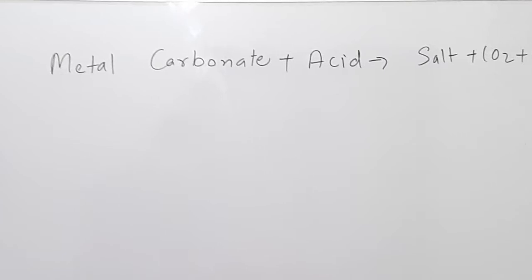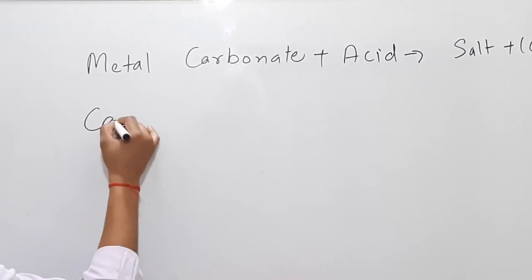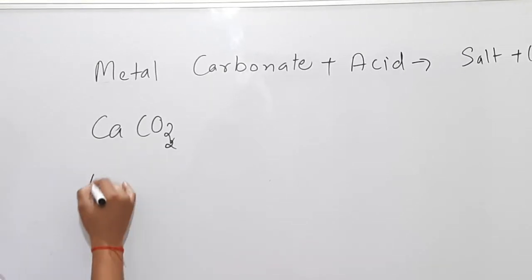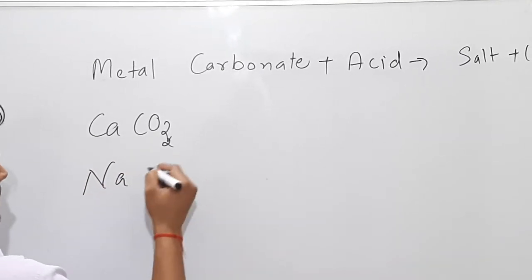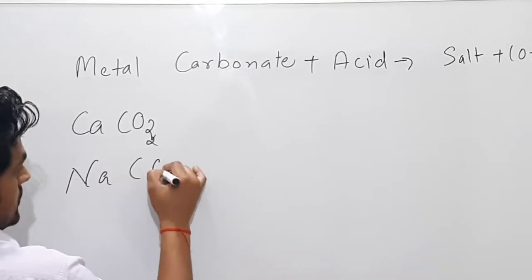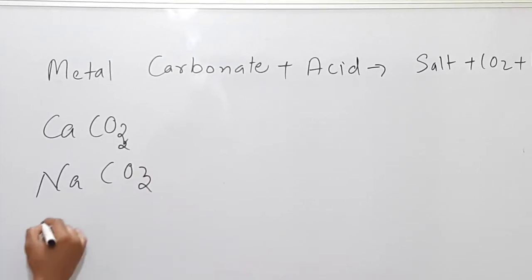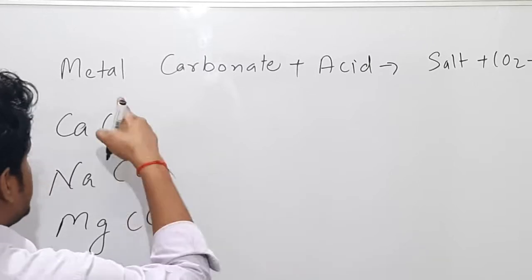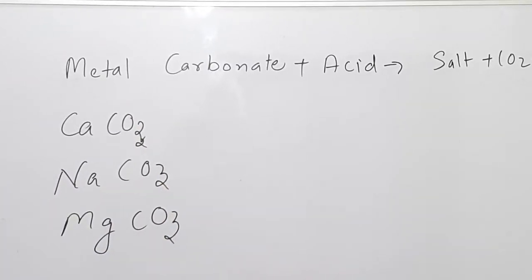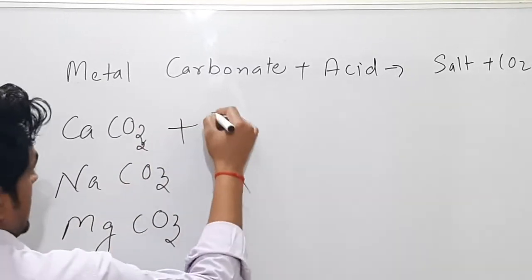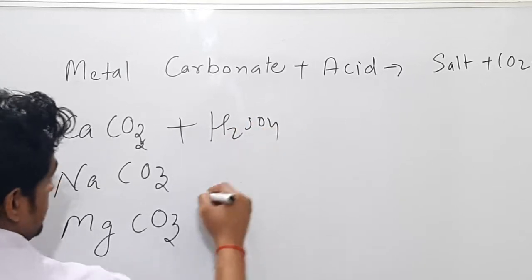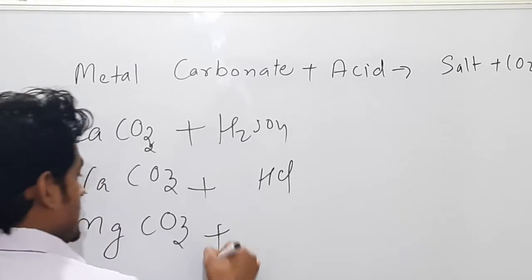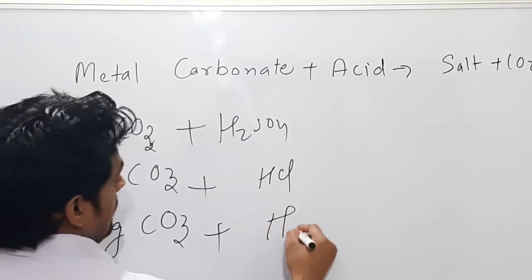Now I am taking some metal carbonates, that is CaCO3, calcium carbonate. Now sodium carbonate, Na2CO3, third one MgCO3. These are all carbonates, and now let them react with H2SO4, let it react with HCl, and this one also with HCl.